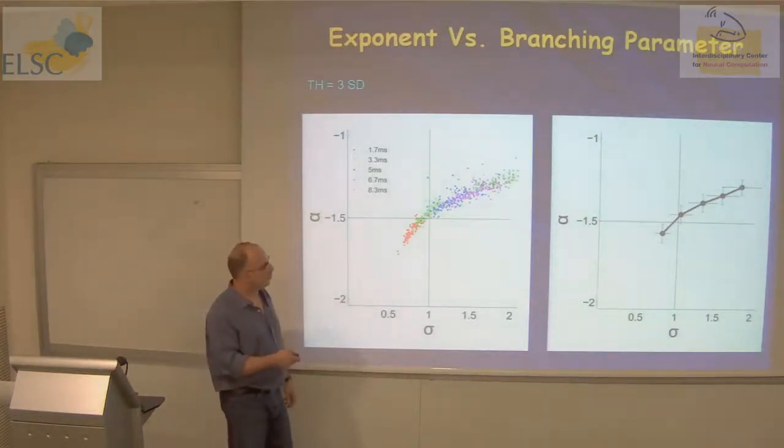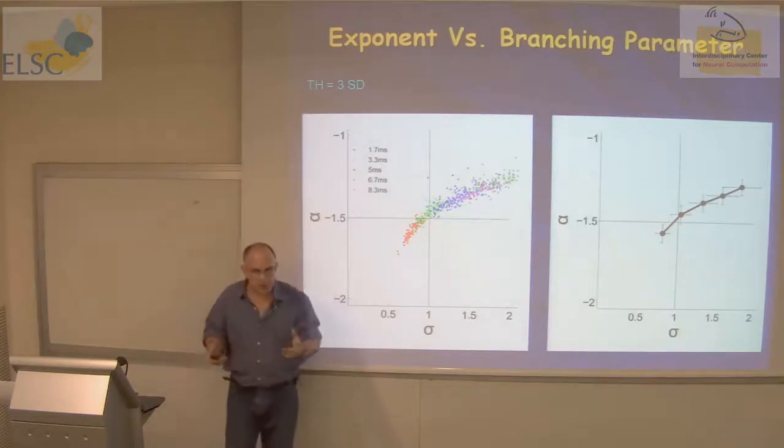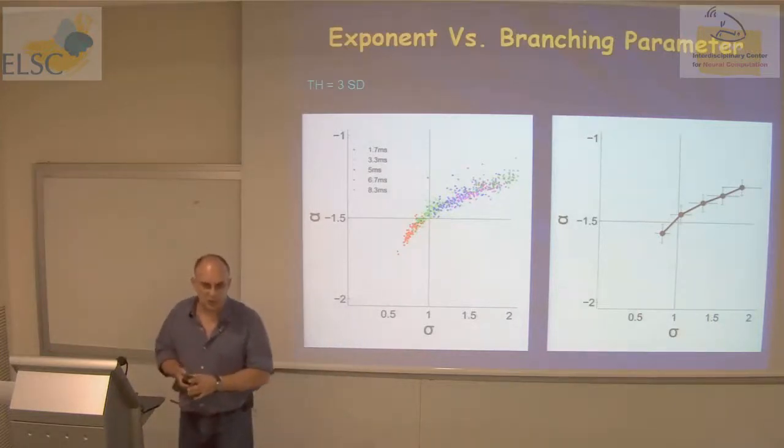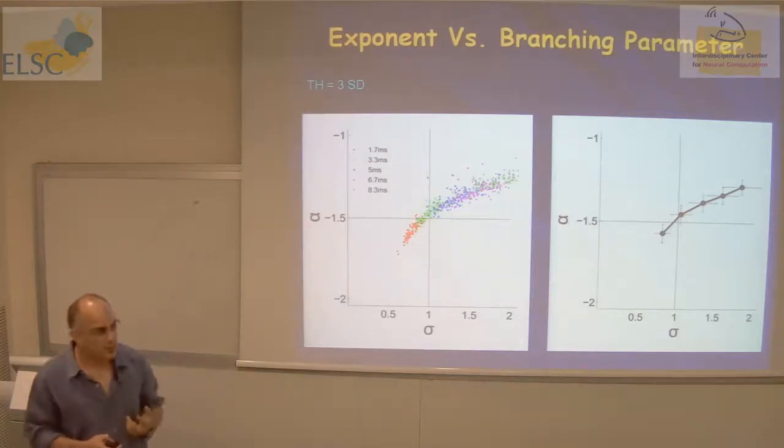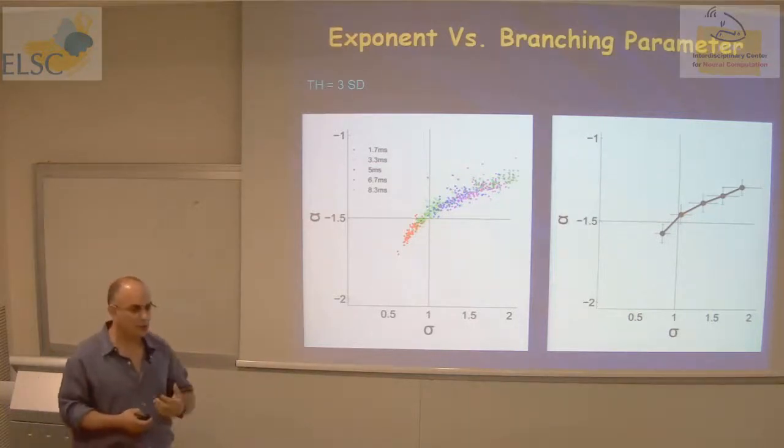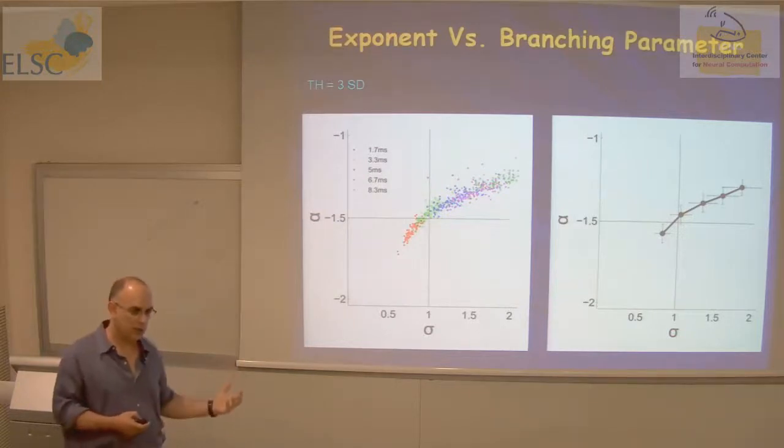So it's a mean over the whole population for a given time scale, 1.67 and 3.3 milliseconds. You see that it's consistent with this idea of the branching process. It's not a proof, but it says that at least for a certain time scale, we get that the branching parameter is 1 and the exponent is -1.5.